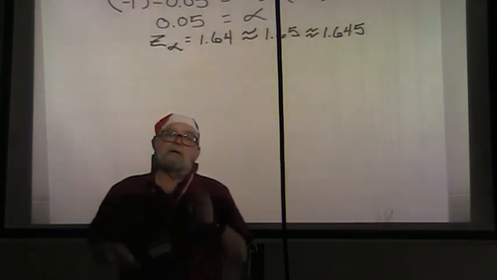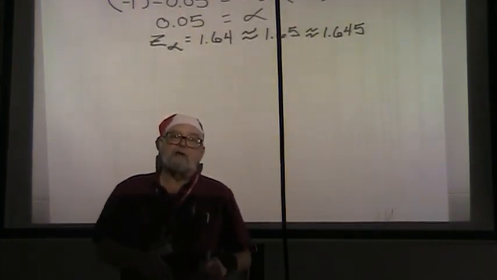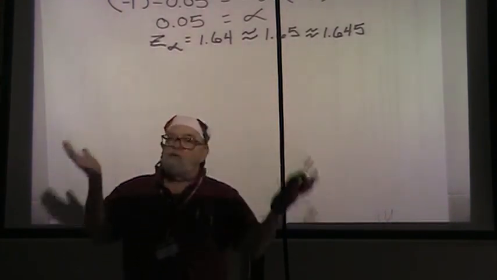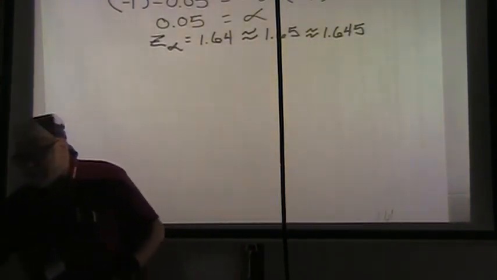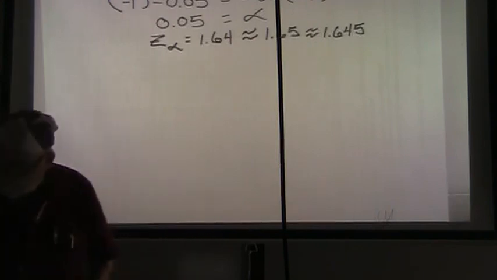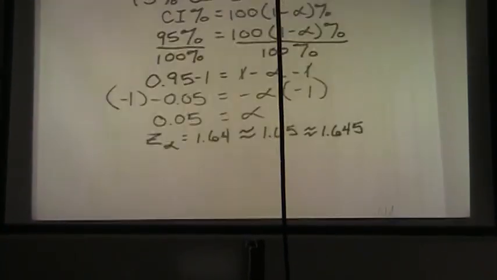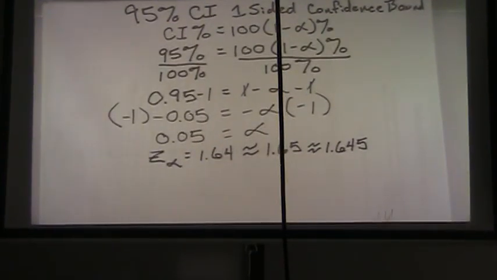It's not going to affect the results enough to get myself all in a lather about it. All right. So, therefore, that is how we would get our Z alpha for a one-sided confidence bound at 95%.